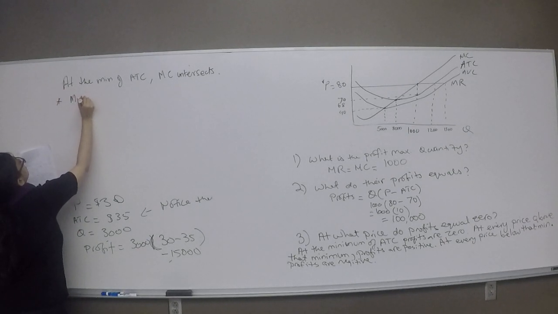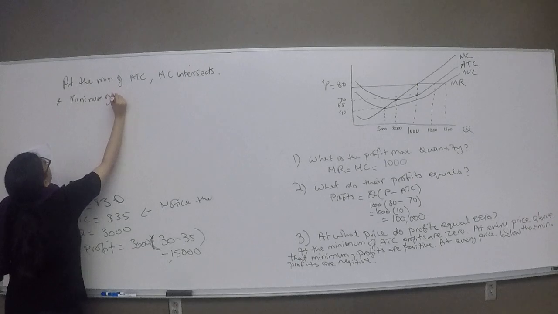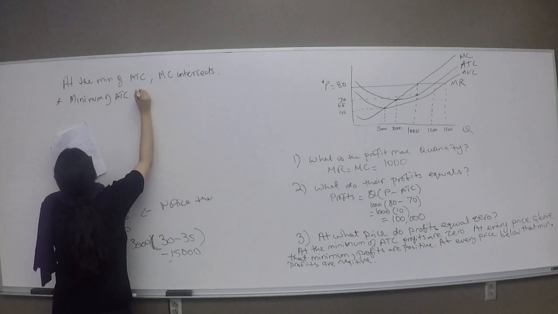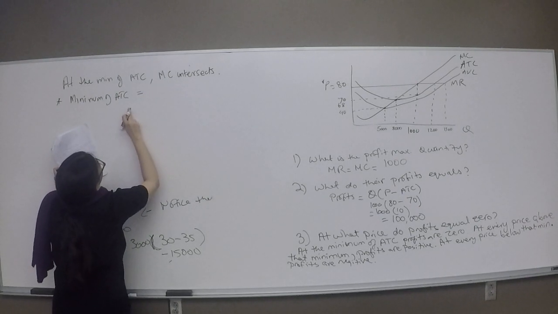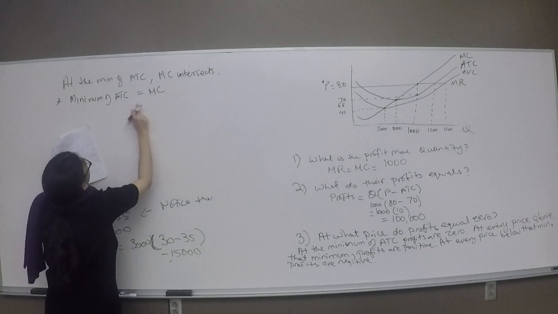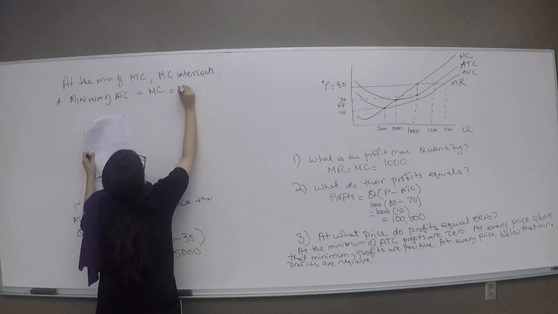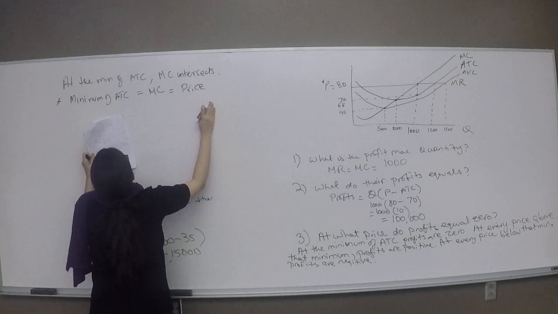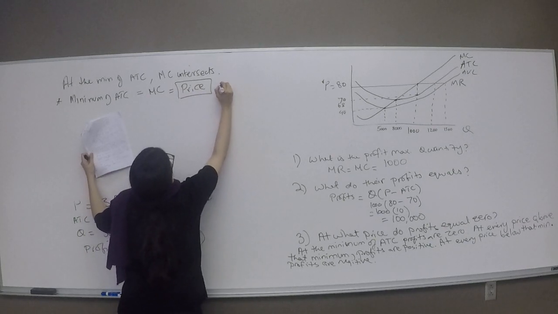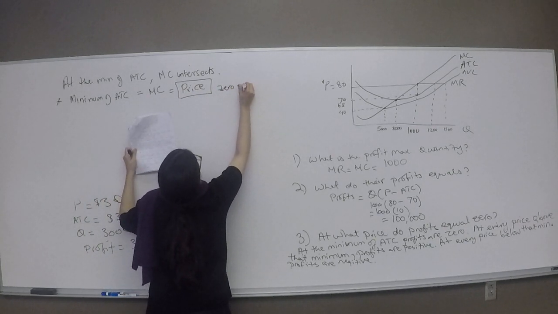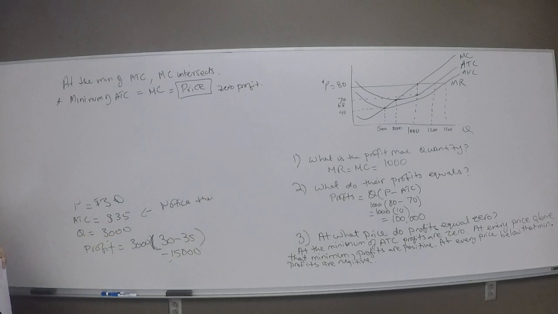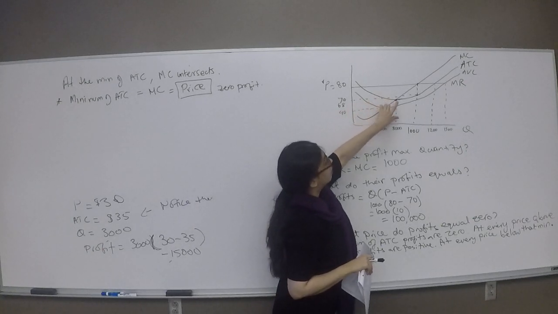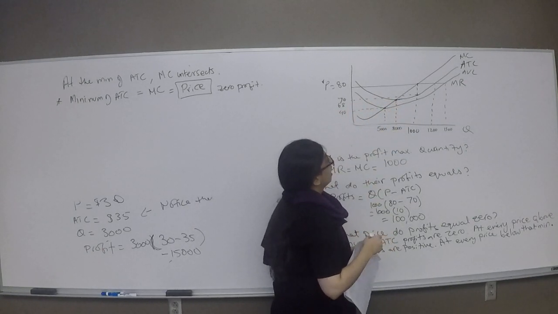At that minimum, marginal cost is equal to average total cost, and that price is your zero profit price.